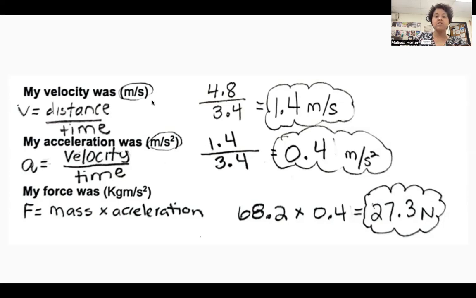So the velocity that we just got, which was 1.4, divided by the time, which is still 3.4, same time. Force, mass times acceleration. Well, here's my acceleration that we just found right here. My mass from before was 68.2 times 0.4, 27.3 newtons.